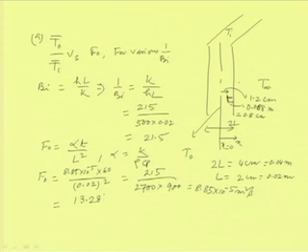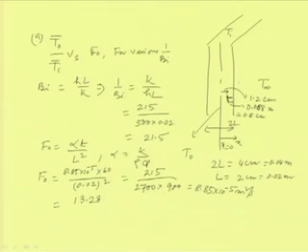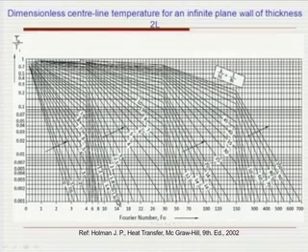Then we can find out the value of T0 by Ti from the figure, when the Fourier number is 13.28 and 1 by Biot is 21.5. So these are the two important values that we have to see. From that we can find out using the chart.